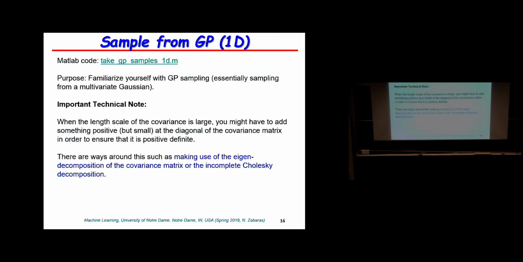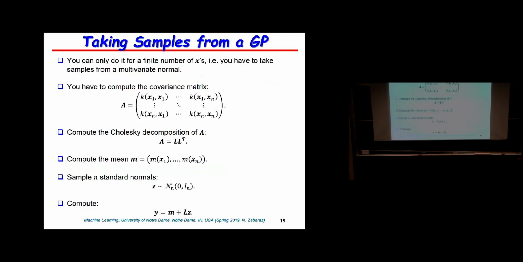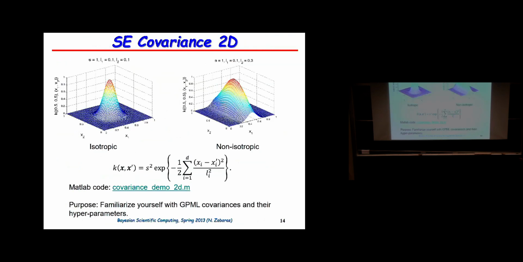Now, a warning for those who play with Gaussian processes. A lot of times, and not only during training, you will find that the covariance matrix is not well posed. For example, if these length scales go to infinity, there's no variability in one direction, and you will start getting singularity.